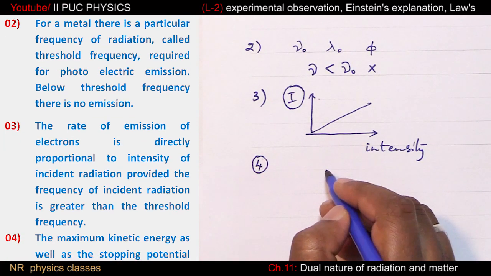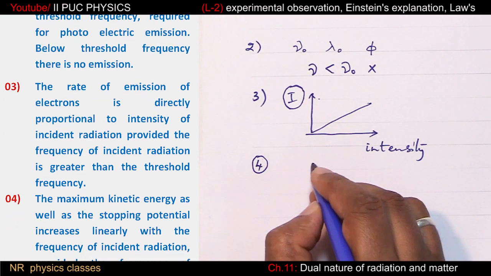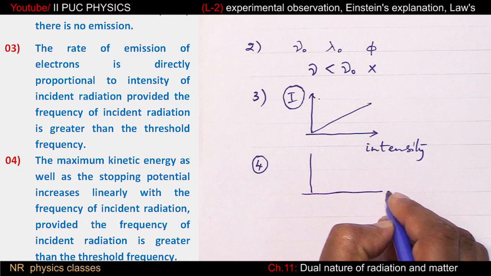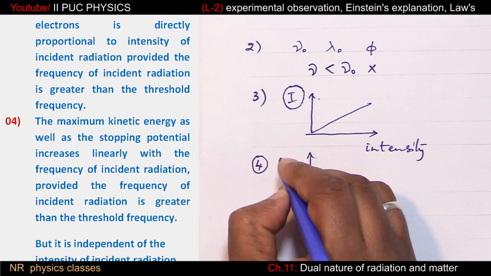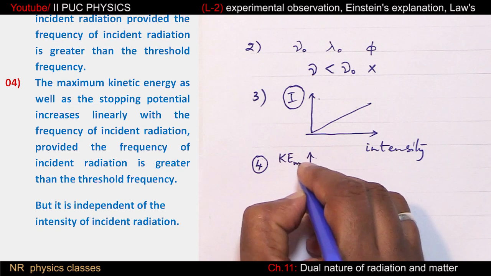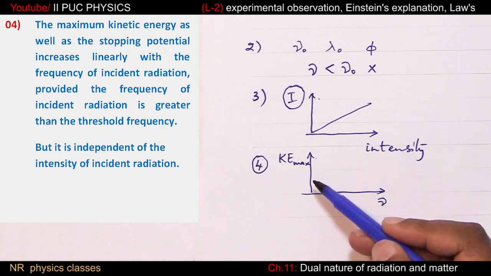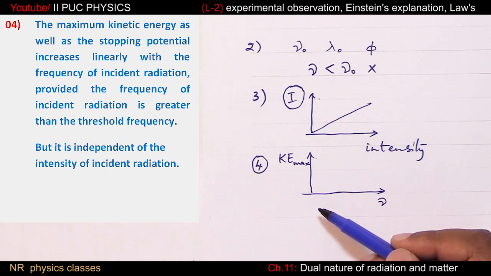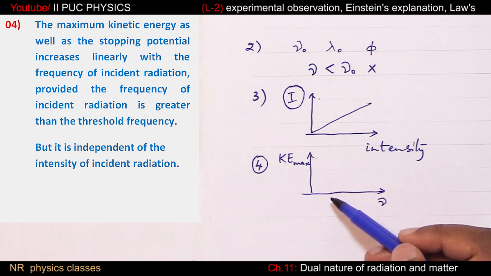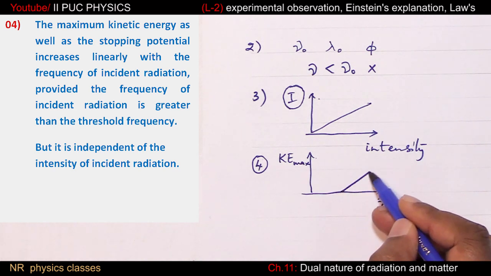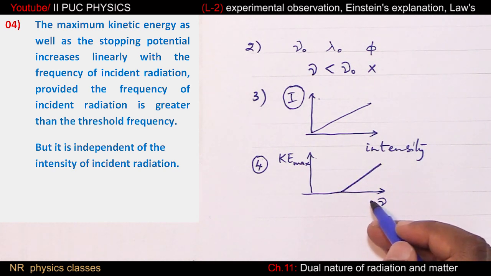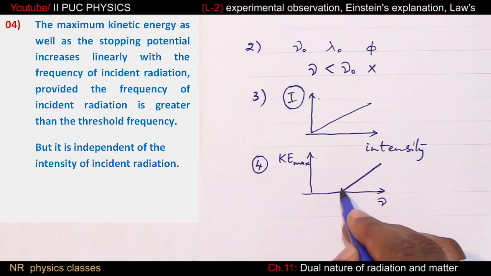Fourth point, the fourth law is related to maximum kinetic energy of photoelectrons versus frequency. Maximum kinetic energy as well as stopping potential increases linearly with the frequency of incident radiation, provided the frequency is greater than the threshold frequency.